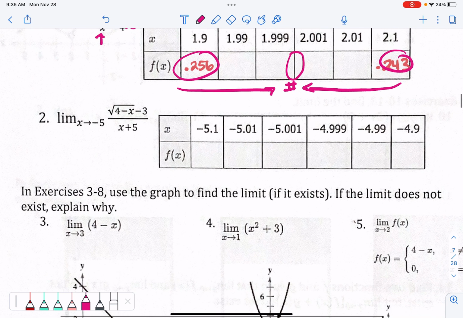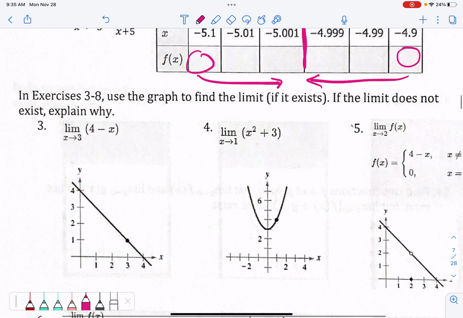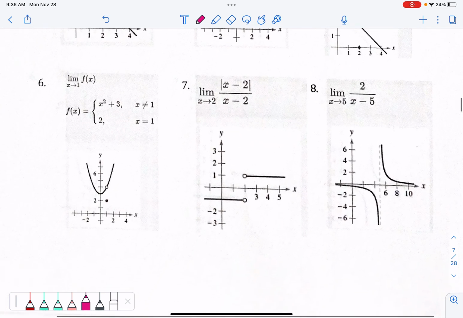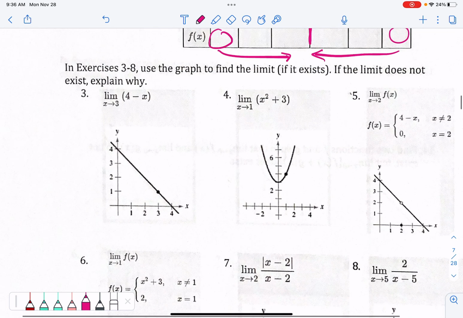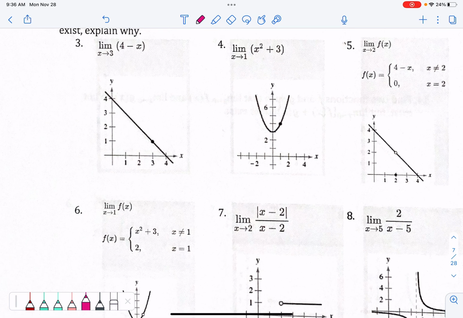Same thing with number 2. Find what they are approaching as it gets closer to a value of 5, which is here in the middle. For these ones here, 3, 4, 5, 6, 7, 8, look at what's happening on either side. I do the coming in on the left, coming in on the right.